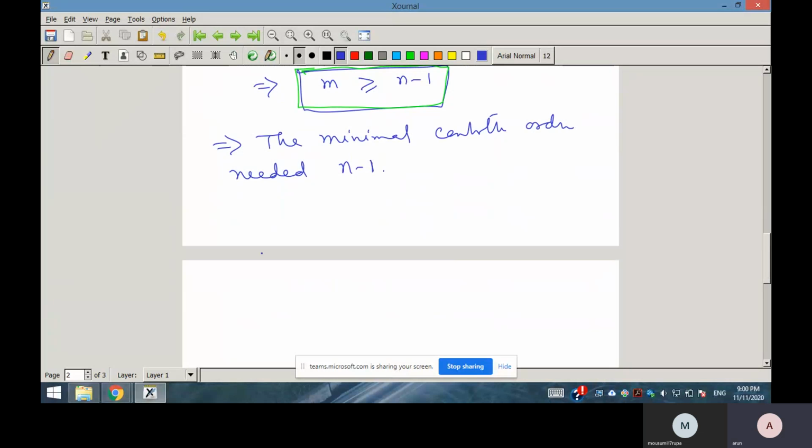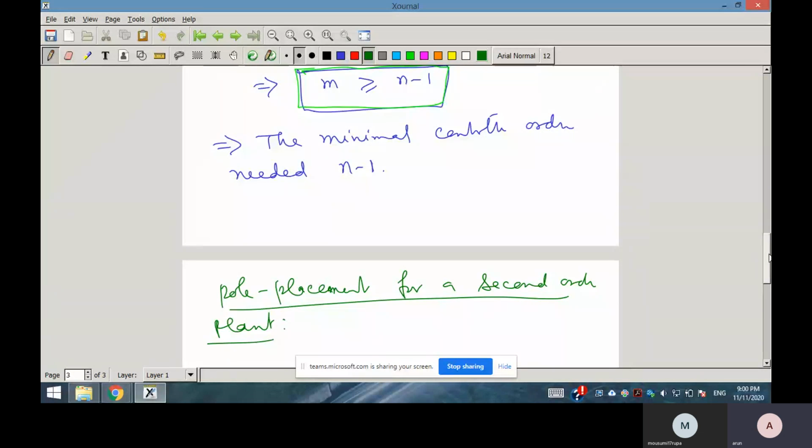So, pole placement for a second order plant. This I will be discussing.